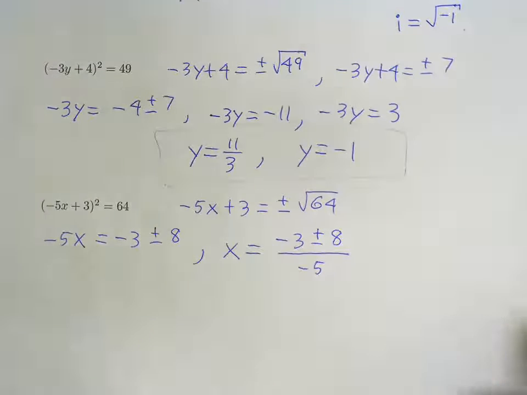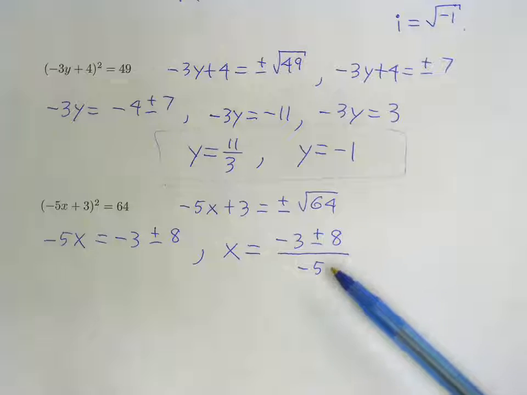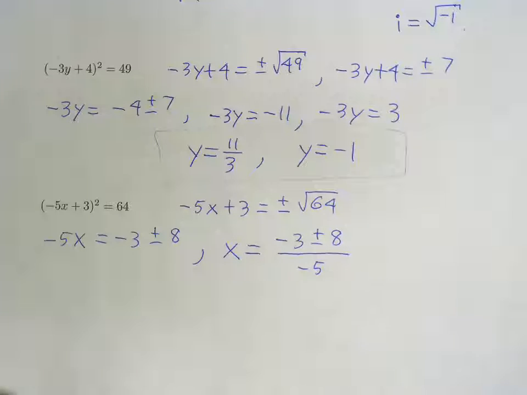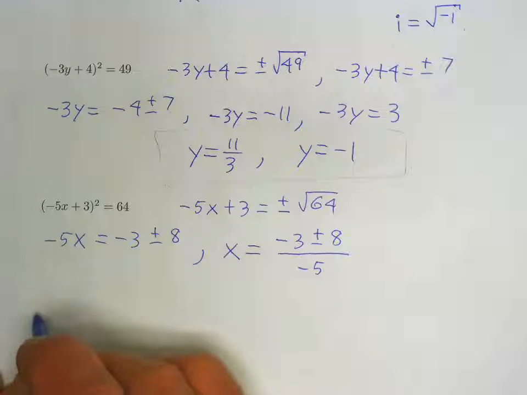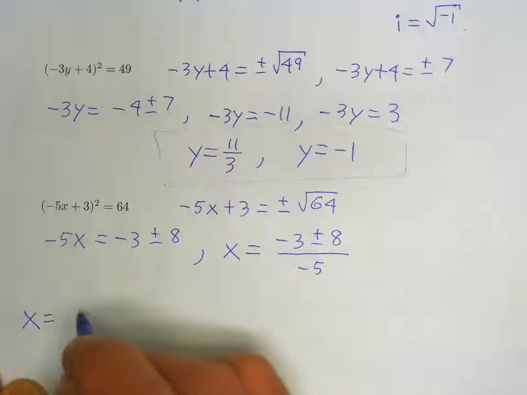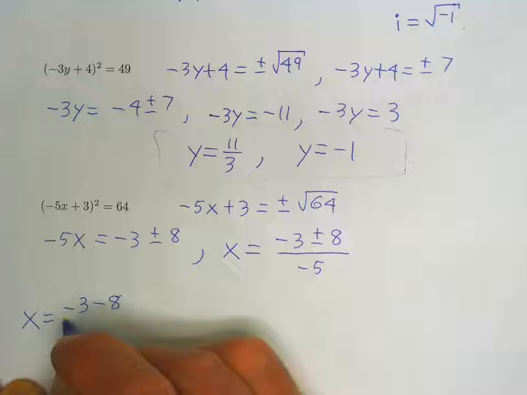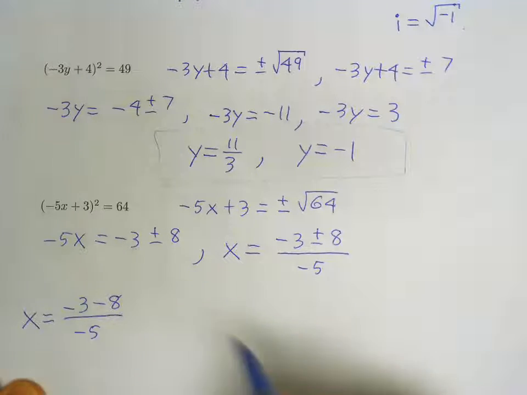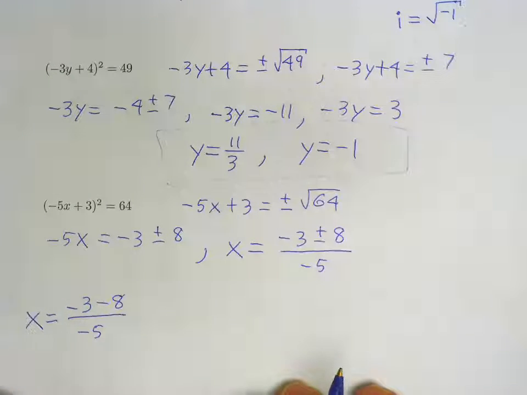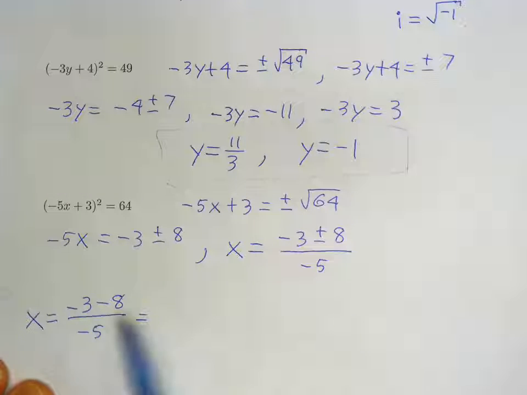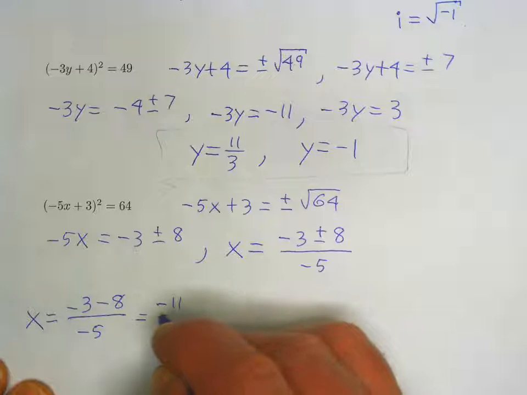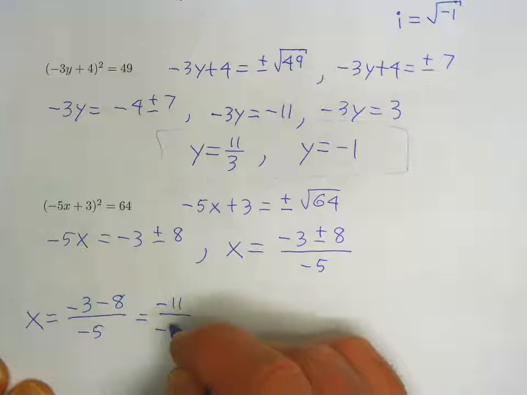But we can simplify further, and so that means we do have to write the solution separately. So one of the solutions, we can start out by writing x equals negative 3 minus 8, all divided by negative 5, and then do the arithmetic. In the numerator, negative 3 minus 8 is negative 11. In the denominator, negative 5.